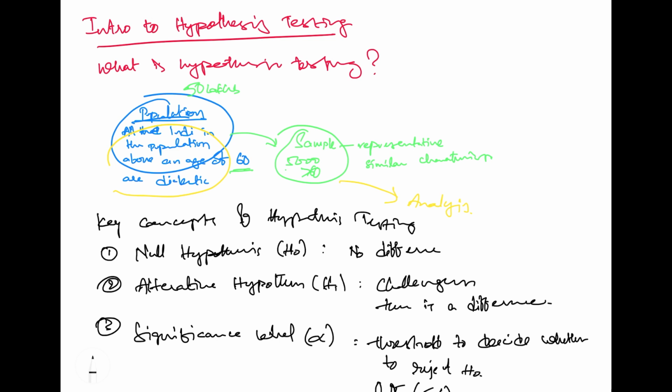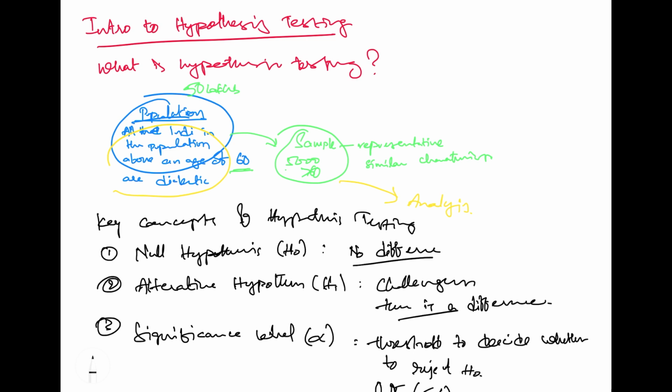Earlier in our example about diabetes, our assumption was that there is no difference in the diabetic condition of people aged 60, meaning all individuals above 60 are diabetic, and our alternative hypothesis is that there is a difference, right?